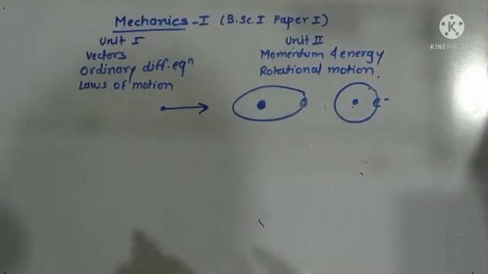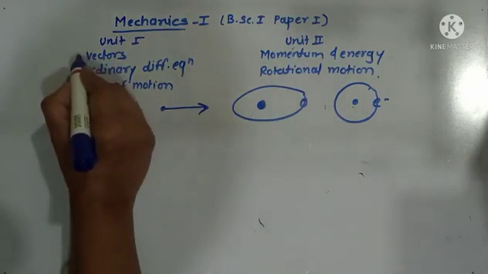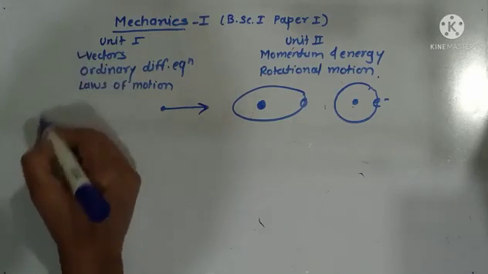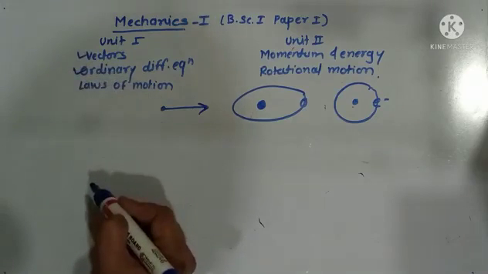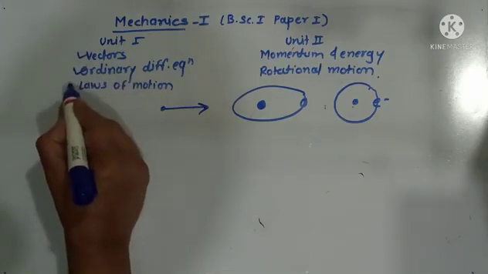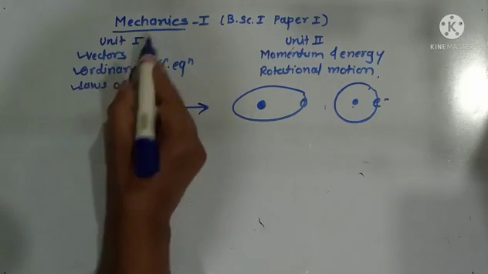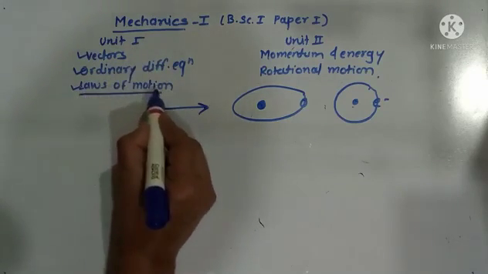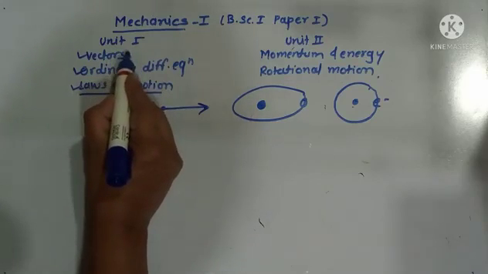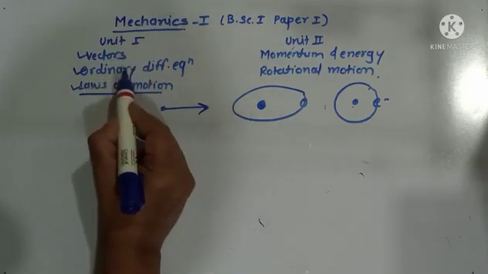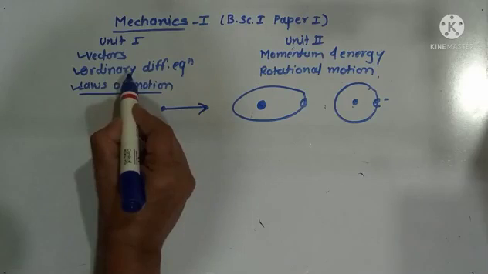Before going to this mechanics, there are a few basic concepts which we must know. These are the vectors, the ordinary differential equations, and then we have to study the laws of motion. Actually mechanics starts from here, but before that you need to know about the vectors and the ordinary differential equations.